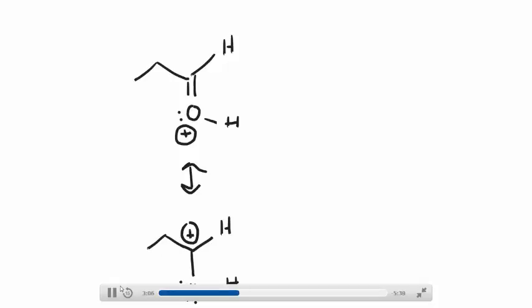Now what happens at this point is that the water that is present when you add the acid source will come in and remove a proton on the alpha carbon. So again, I'm going to draw those in green. This is exactly the same mechanism you saw for acid-catalyzed formation of the enol.